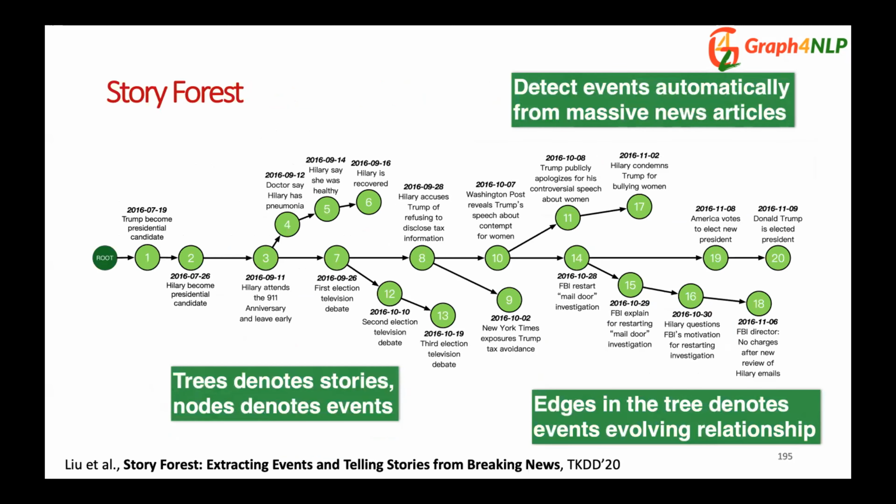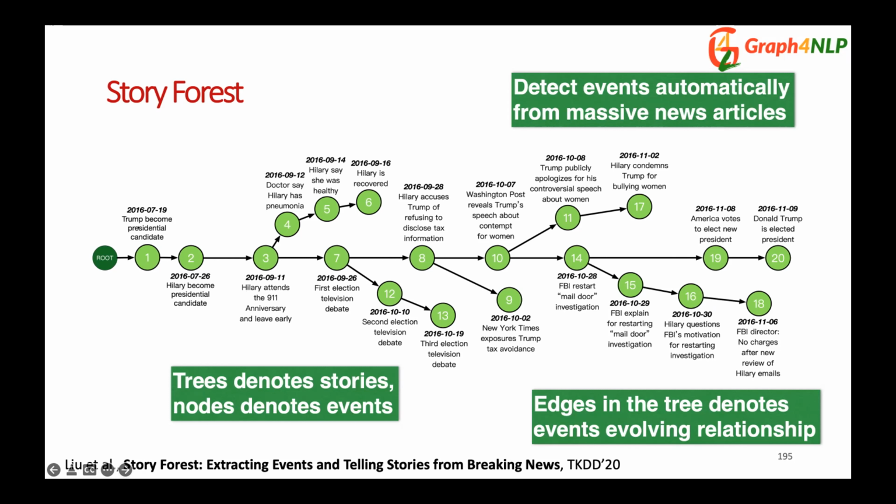In the work on the StoryForest system, we proposed to cluster the news articles focusing on the same event into an event cluster, and then organize the correlated events into a tree format, which we call a story tree. For example, here is a story tree about the 2016 United States presidential election. We organize the different events according to time and coherence.